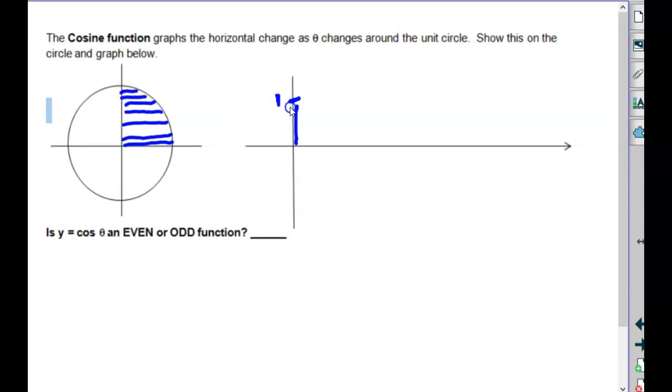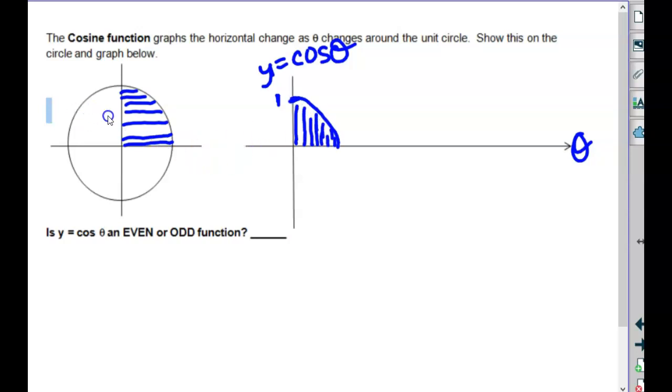Now, because of the way we're graphing it, this is theta, and this is the cosine value. So we're going to take those sticks and plot them up and down as we're graphing that, and it's getting smaller. I didn't do my sticks very good.